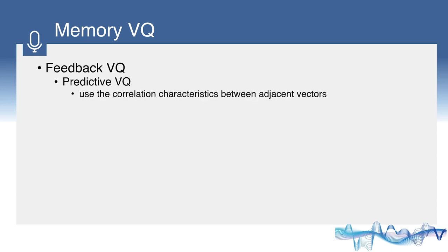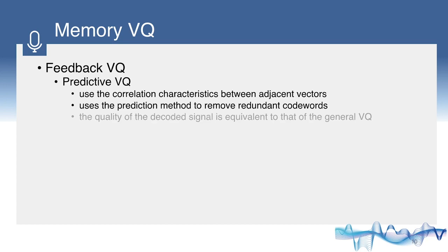Compared with the general vector quantizer, predictive VQ makes full use of the correlation characteristics between the adjacent vectors, and uses the prediction method to remove redundant code words, so as to ensure that the quality of the decoded signal is equivalent to that of the general vector quantization.